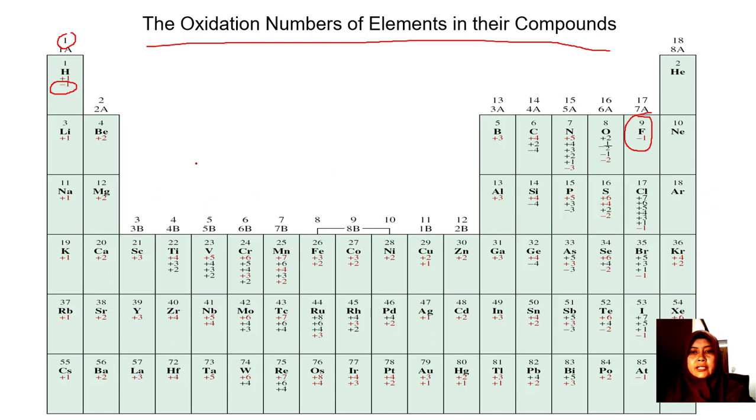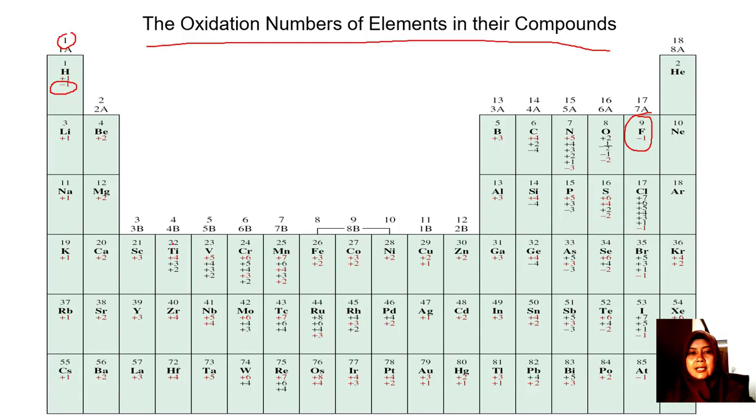For all the other elements besides those mentioned before, sometimes we have to find it ourselves.